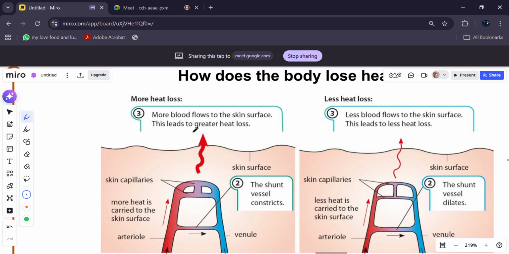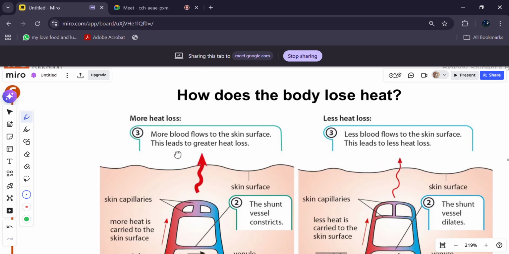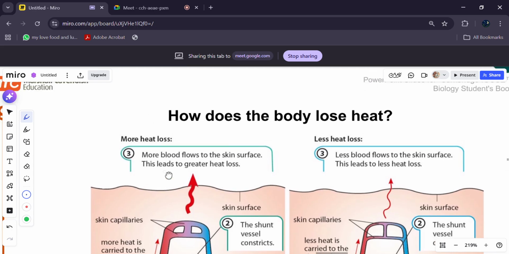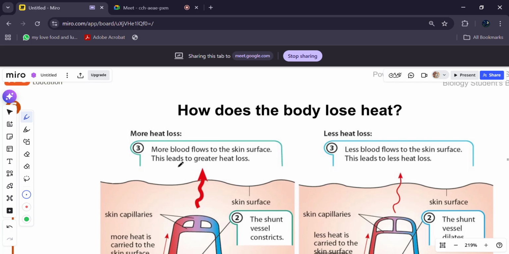There are different ways that heat is lost. Heat is lost through the skin by radiation, conduction, and to a limited extent by convection. And also by evaporation of water in the sweat from the surface of the skin, in the feces and urine, and in the air that is exhaled.